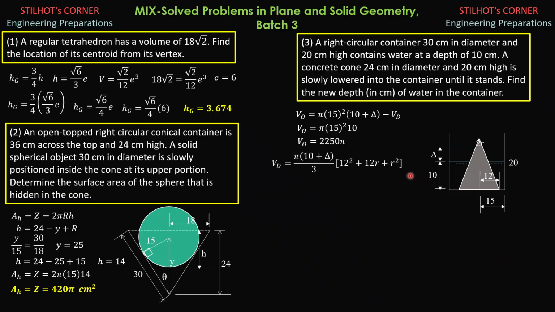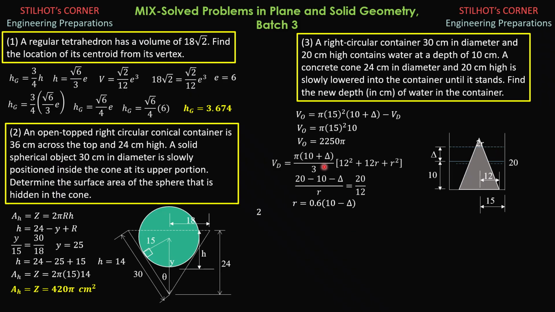Then by similar triangles, this height again is 20 minus 10 minus quantity 10 plus delta. So that's 20 minus 10 minus delta as to r. Height as to r equals 20 as to 12. So r therefore is 12 over 20 or 0.6 of quantity 10 minus delta.